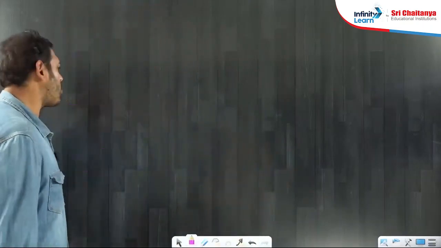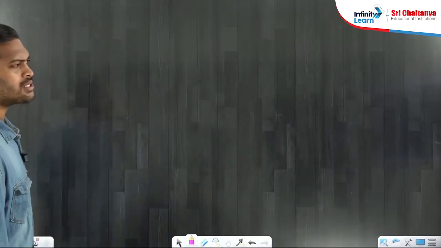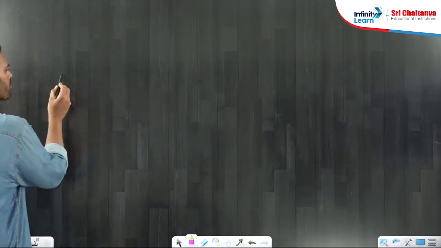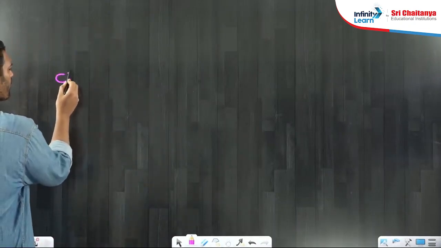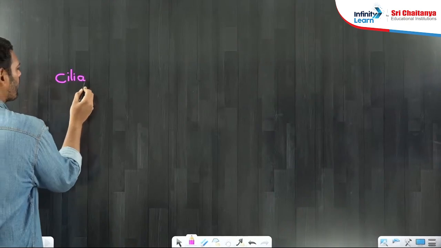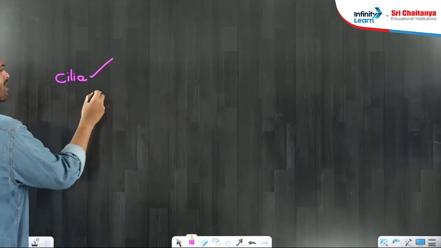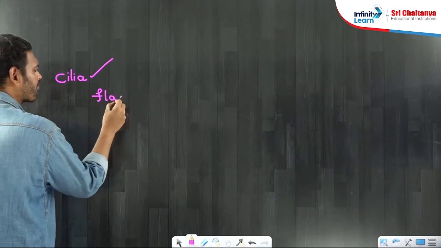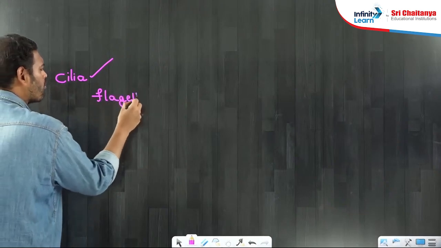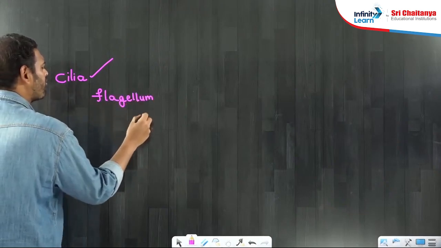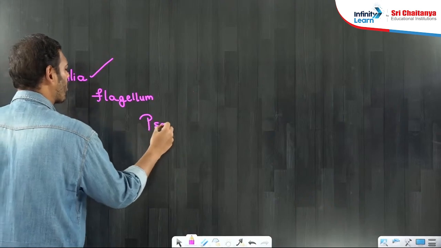So inside a human body, yes, humans do exhibit locomotion. Inside human body, there are cells which possess cilia. There are cells which possess flagellum, and human body also possesses cells which possess pseudopodia.